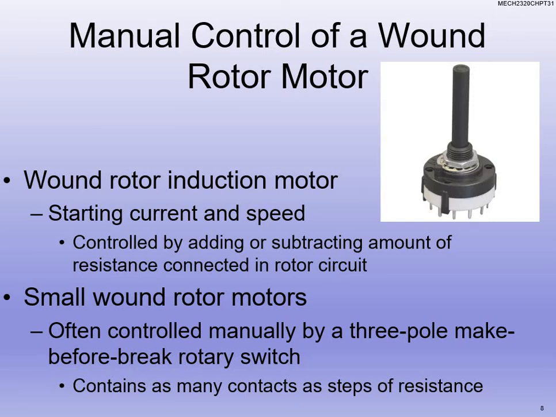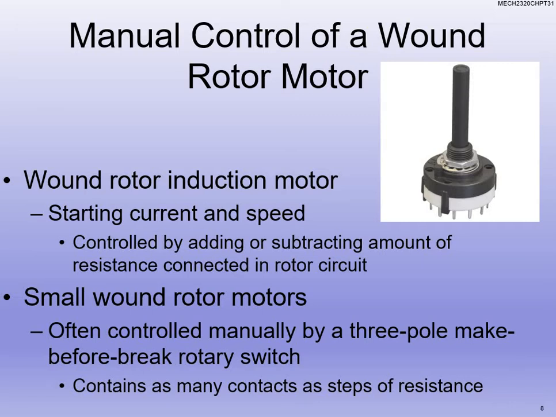We have push buttons and all those different things, and we can control the current, which in turn controls the speed, because the current controls the magnetic field in the stator and the rotor. So by changing the resistance, we change the current, and by changing the current, we change the magnetic field, which changes the speed.